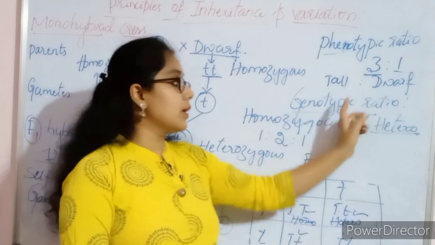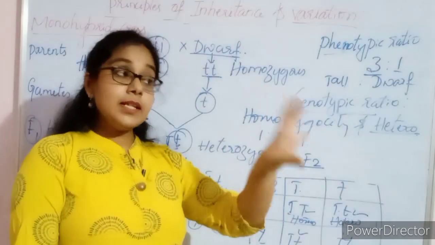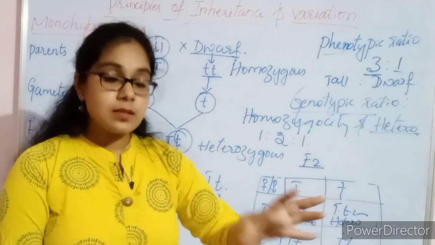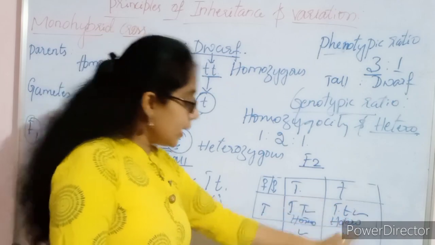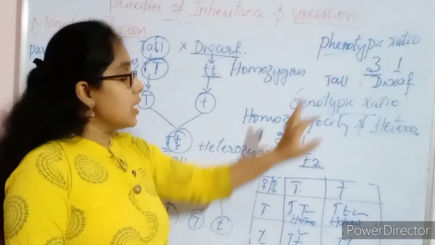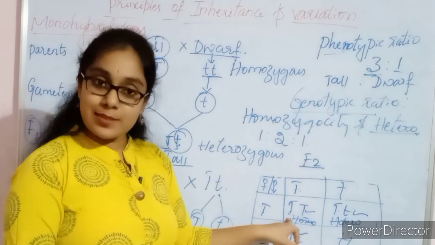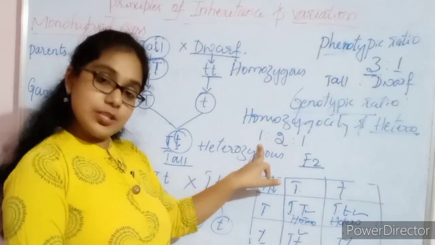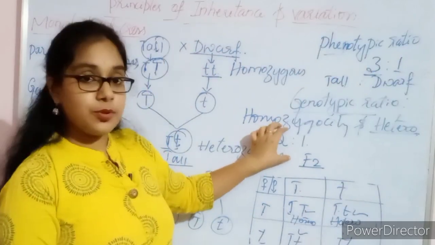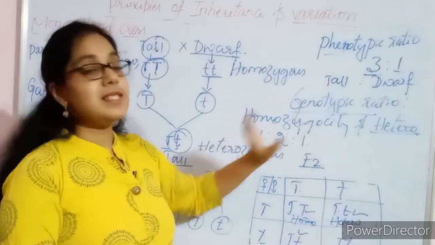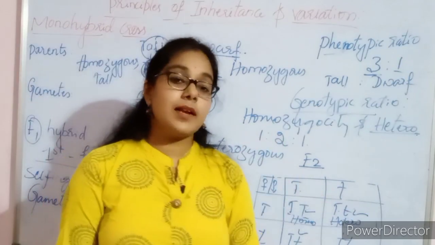Coming to the genotypic ratio, you are going to represent whether the tall plant is homozygous or heterozygous. Among the 3 tall plants, 1 is homozygous tall, you are going to write 1, and 2 are heterozygous tall, you are going to write 2. 1 is homozygous dwarf. So this is how you have to write the genotypic ratio.